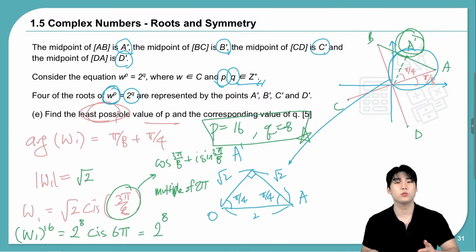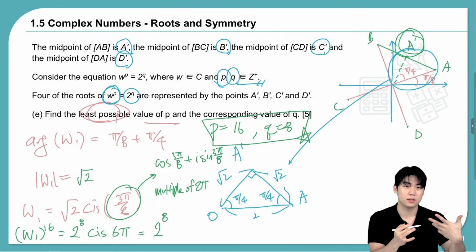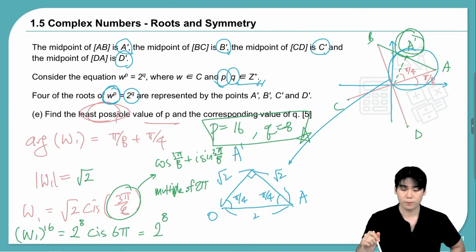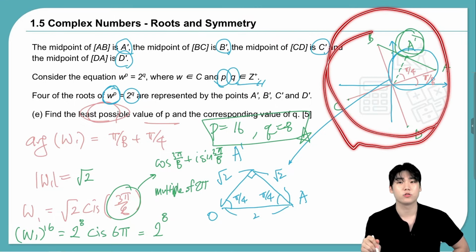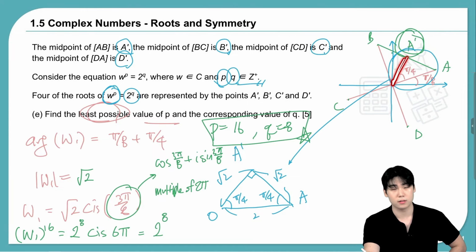This was a little tricky, where you had to go back and forth. The hint is that the IB always leads you the way. So that means that since this is part E, you will kind of have to use what your answers for part D and part C are. So you can refer to those. From there, I got the idea of the Argand diagram. After drawing this, I tried to find the radius, the modulus.